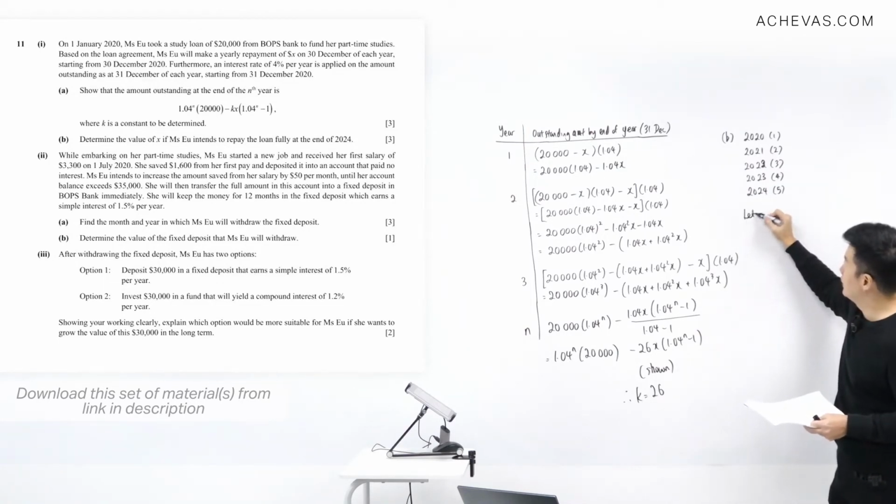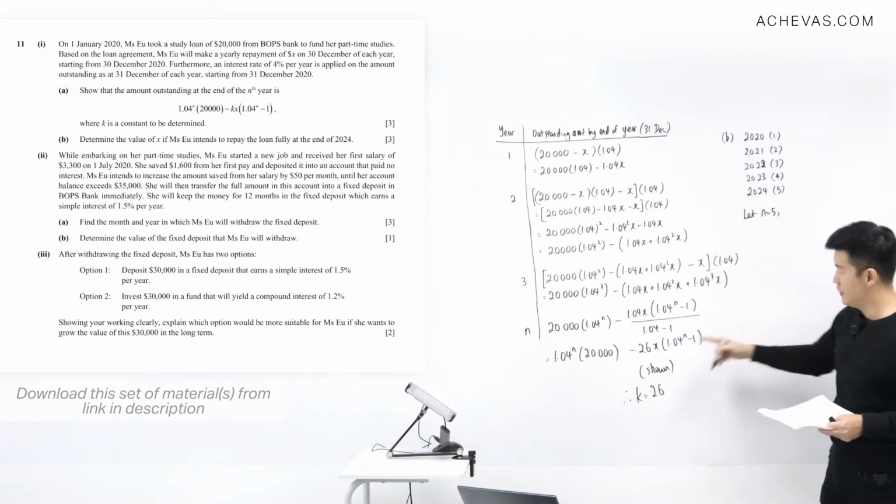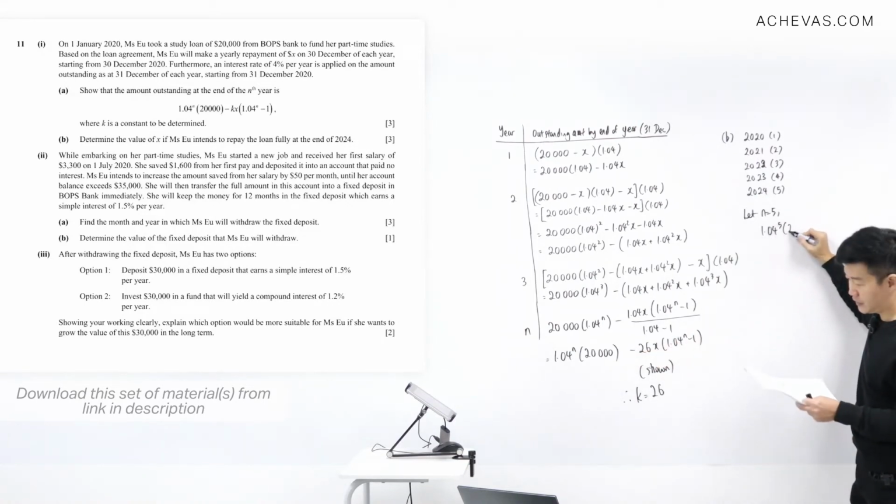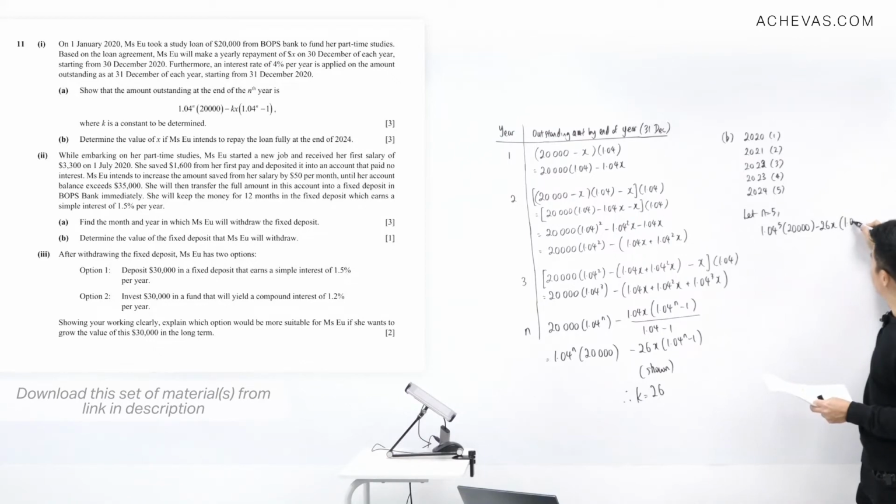So letting n be equal to 5, we will have a 1.04 to the power of 5 times 20,000. Then minus 26 times x, then 1.04 to the power of 5 minus 1. I'm letting this be equal to 0.